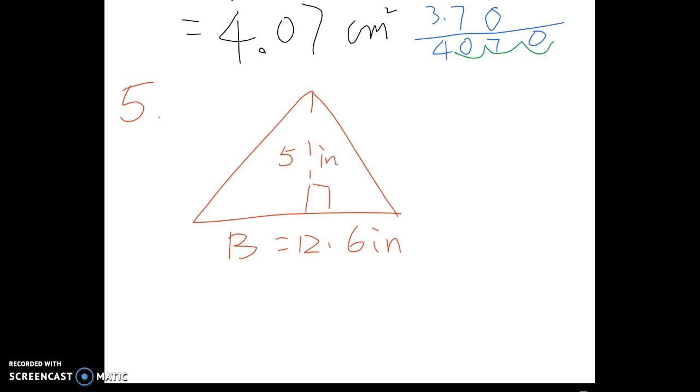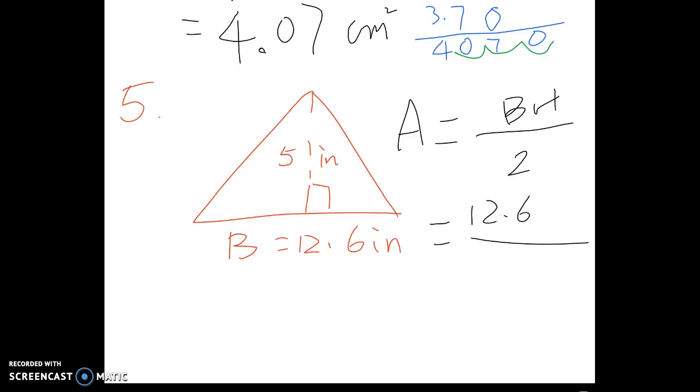So now we need to rewrite the formula again. The triangle formula will be base times height divided by 2. And now 12 6/10 times 5 divided by 2. So that we get on the numerator, we get 63/10 divided by 2.